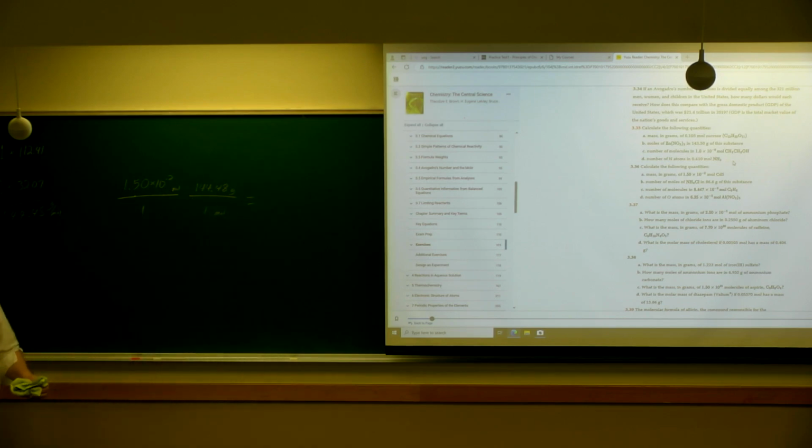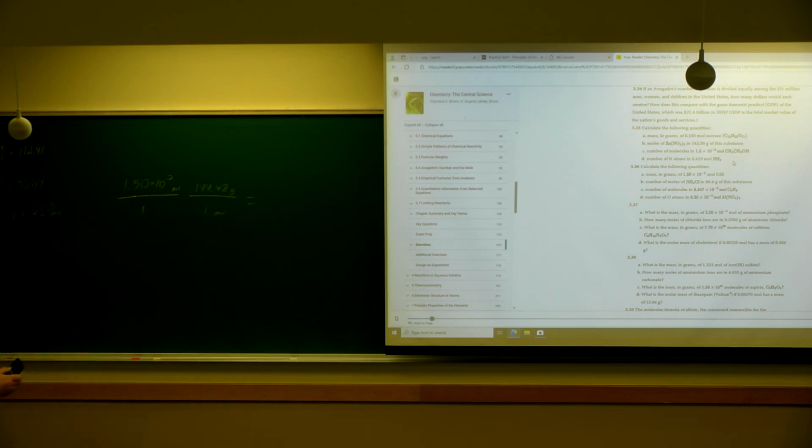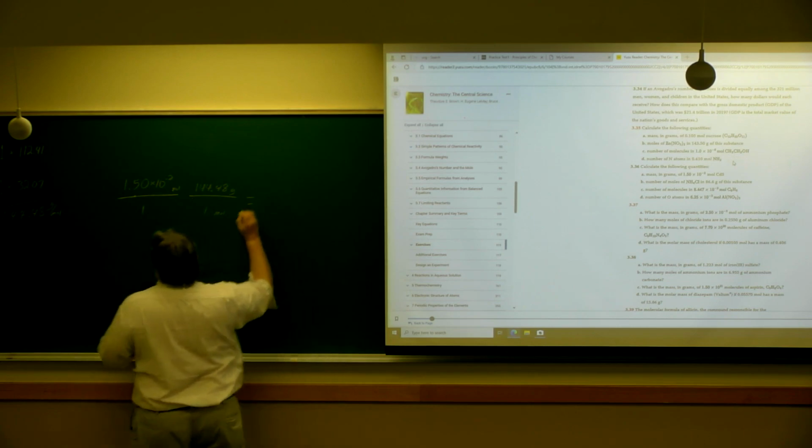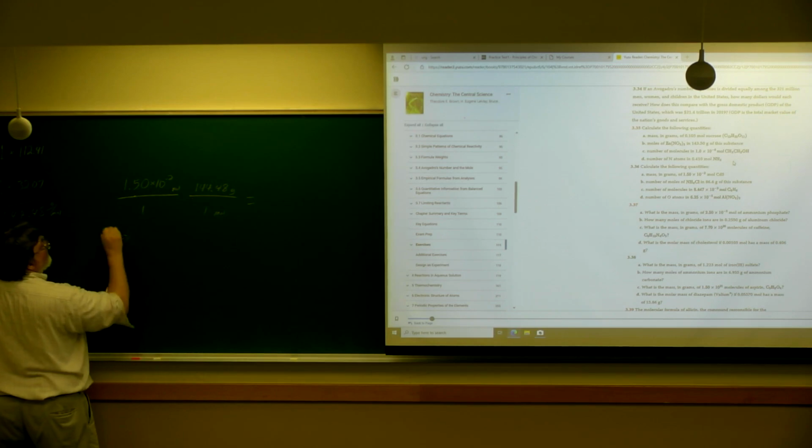That's how you would solve that. That's how you get the number of moles. There'll be 3 significant figures. I'll finish it out. So equals 0.50.